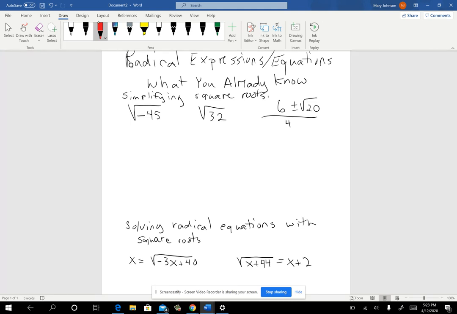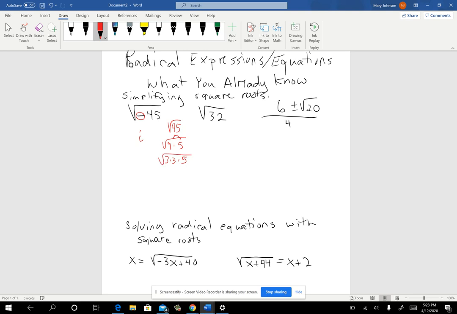And if you have a square root, then the negative under the radical means you're going to have an i. And then you have to work on getting 45 broken down. So you work on breaking that down, and you realize that 45 is 9 times 5, or 3 times 3 times 5.